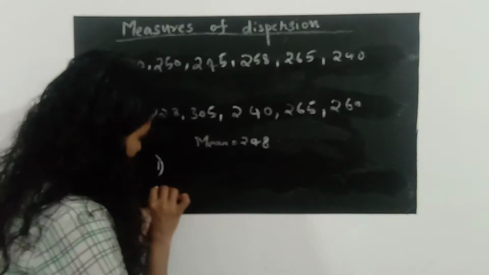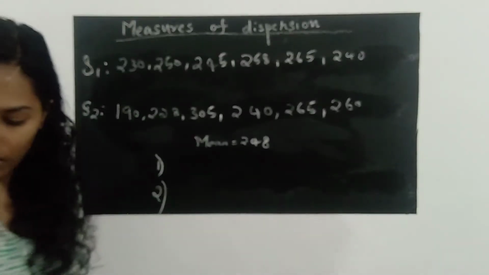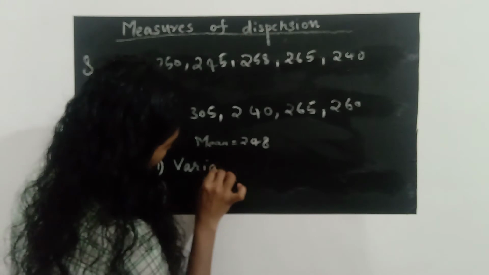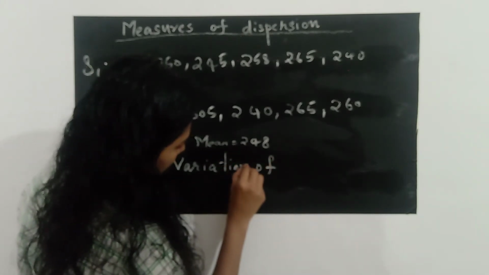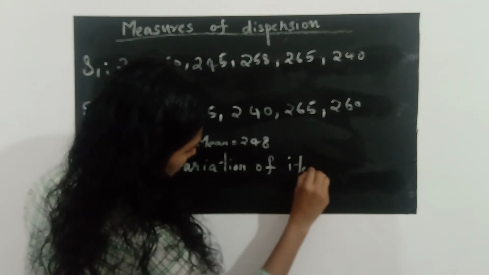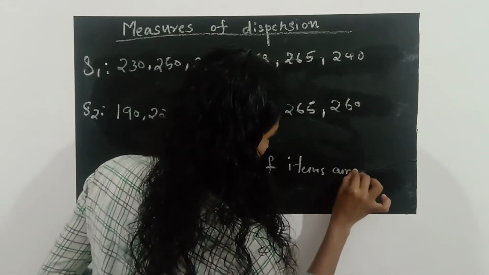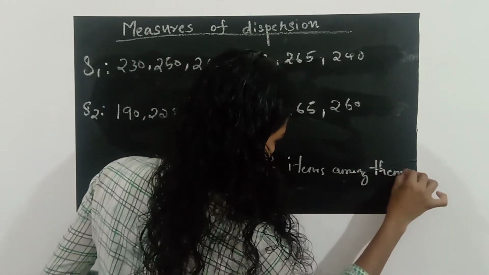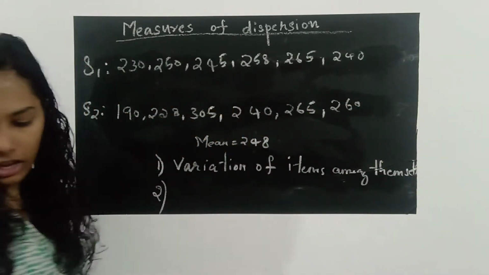So, in the statistical sense, dispersion has two meanings. The first one is variation of items among themselves. What is the second one?